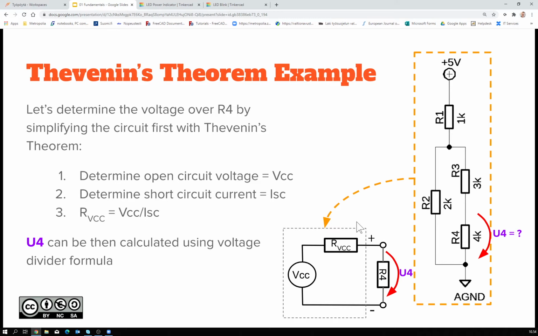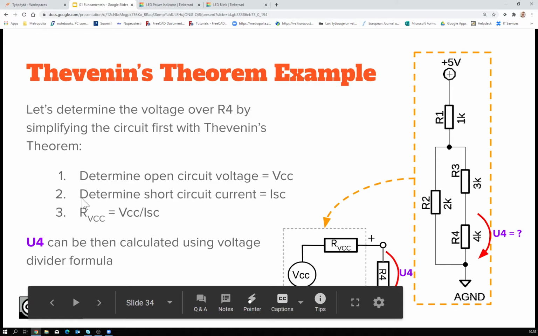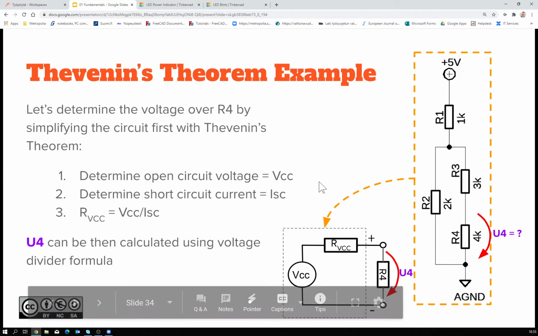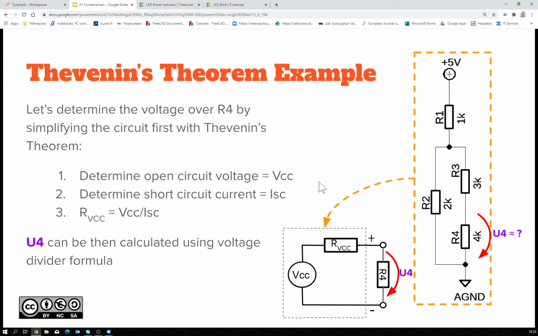We can take that U4 as a load resistor here, calculate the open circuit voltage and short circuit current accordingly, and then use that Thevenin's model to calculate U4 using the voltage divider formula.